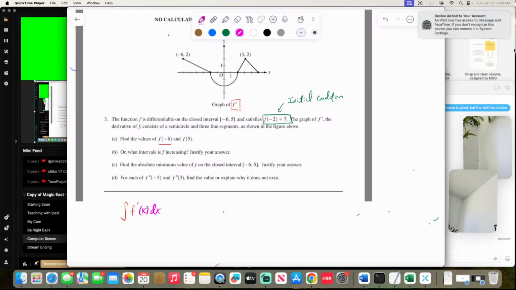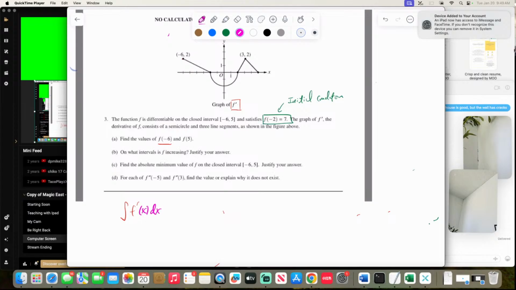Since you want f of -6, it's going to be f of -2 minus the integral from -6 to -2 of f prime of x. And you see that ends up being exactly the same thing, 7 minus 4, which is 3. It doesn't matter which boundary you choose, as long as you keep the same orientation of FTC.